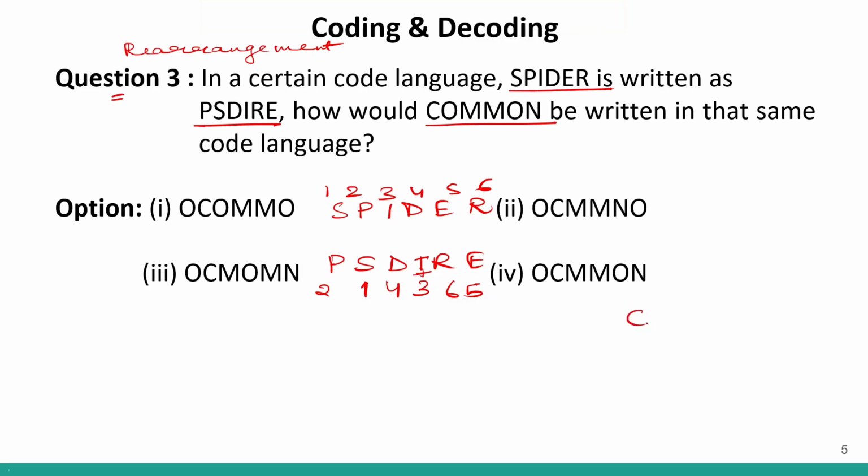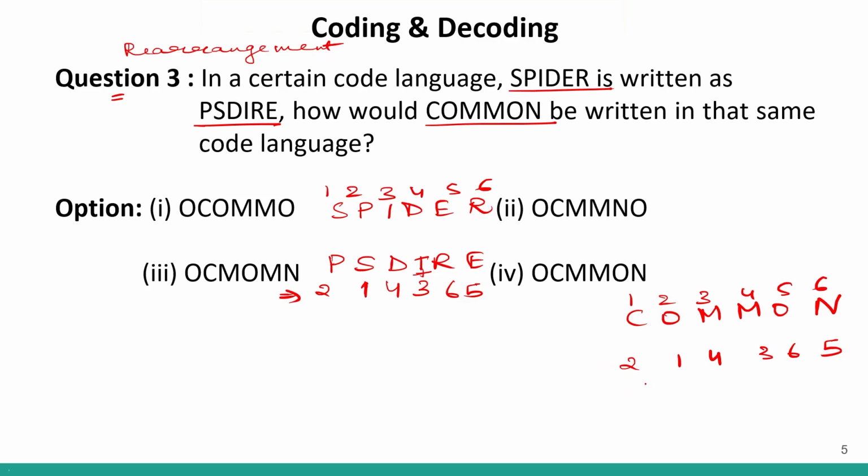So I will do the same thing for common. First, I'm going to assign them numbers. So numbers will be 1, 2, 3, 4, 5, 6. Correct? And now we will write them in this order: 2, 1, 4, 3, 6, 5.